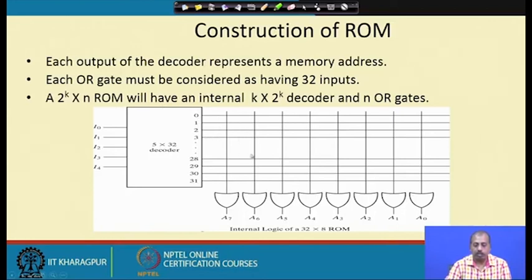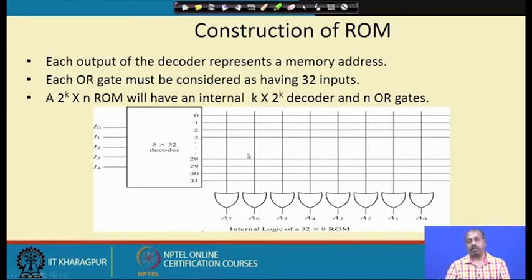We have these columns, and these columns are summed in OR gates. Each OR gate has 32 inputs. So, a 2 to the power k by n ROM will have an internal k to 2 to the power k decoder and n such OR gates.